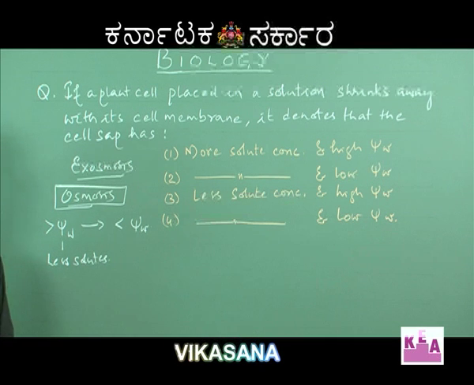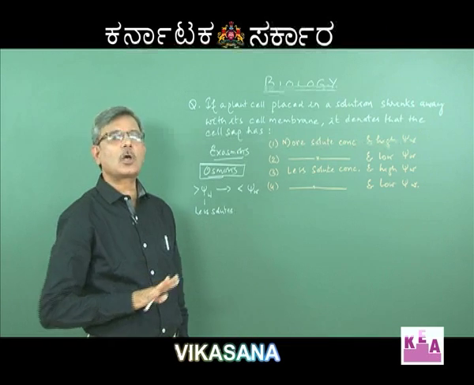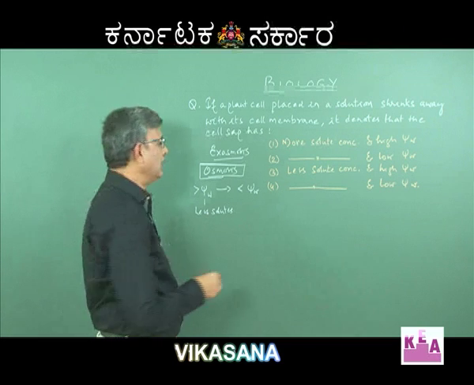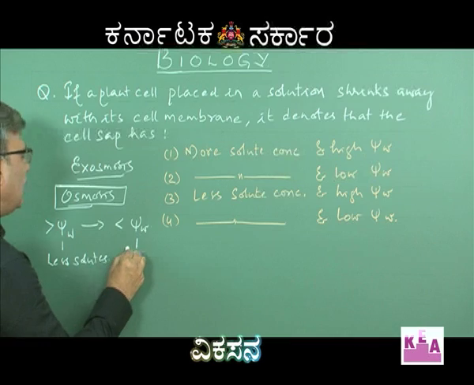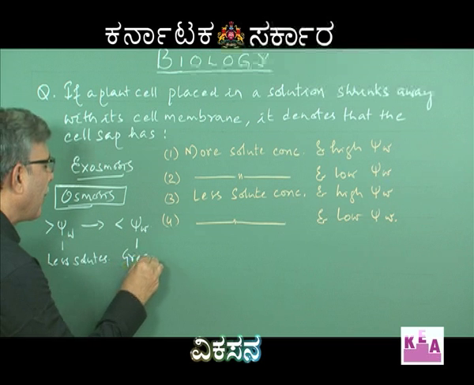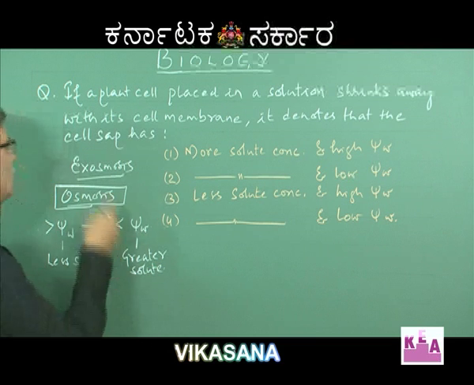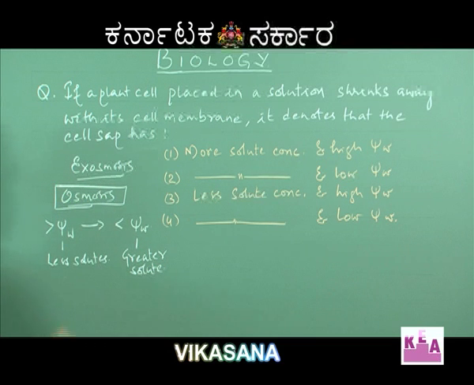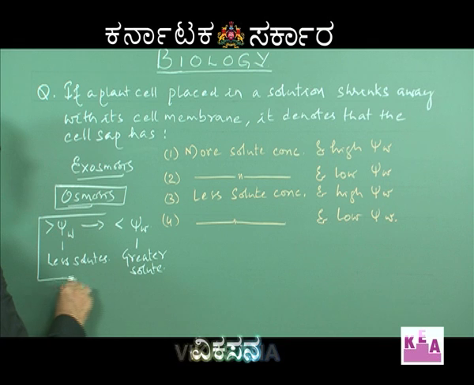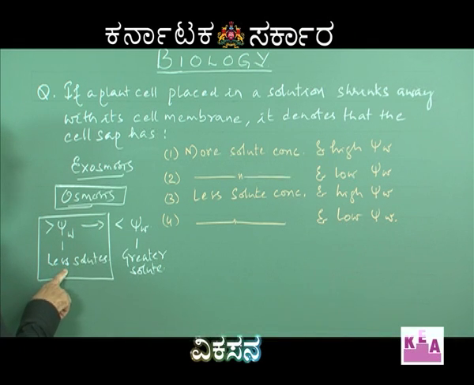Cell sap can't be a pure solvent, and the solution must be having greater solute concentration compared to the cell. So, answer that we have to look is less solute concentration and greater water potential.